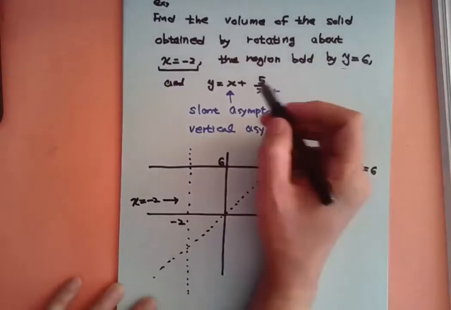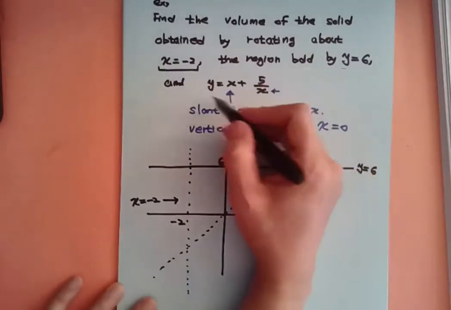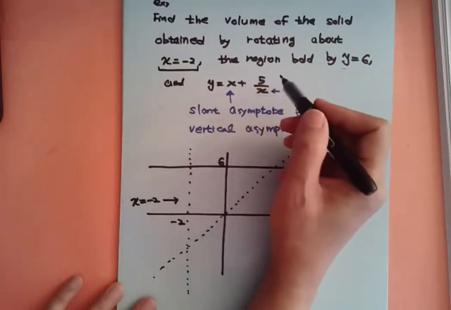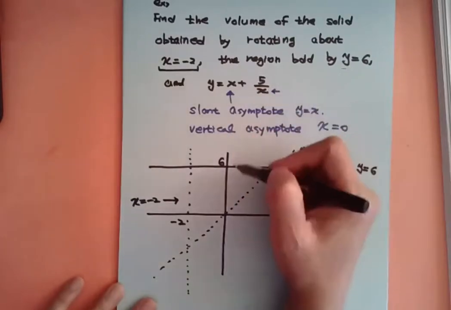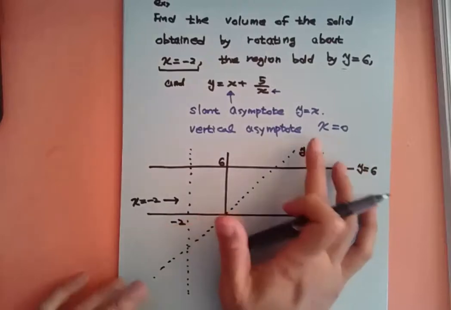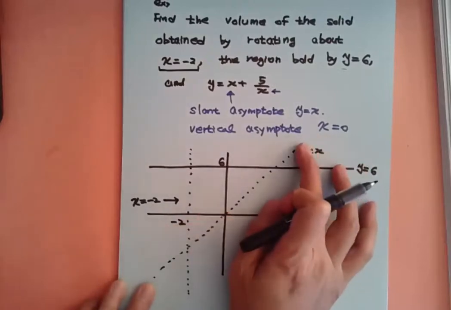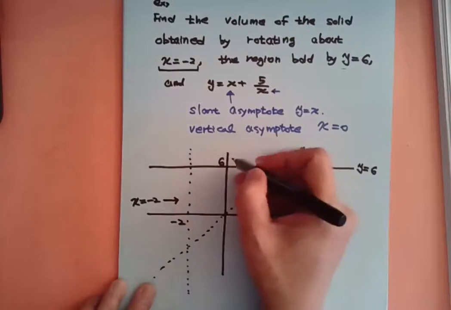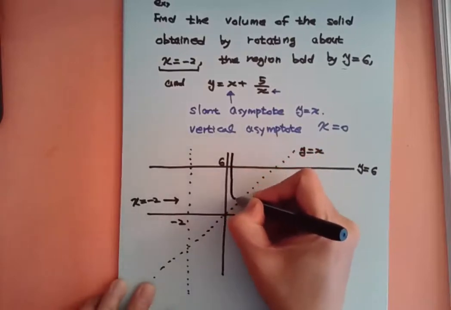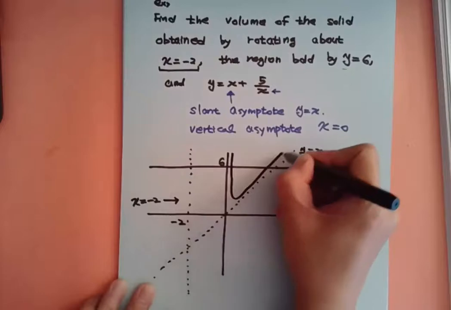The vertical asymptote for this rational function is x equals 0. So that is the y-axis. And that has slant asymptote here. So that should be something like this.